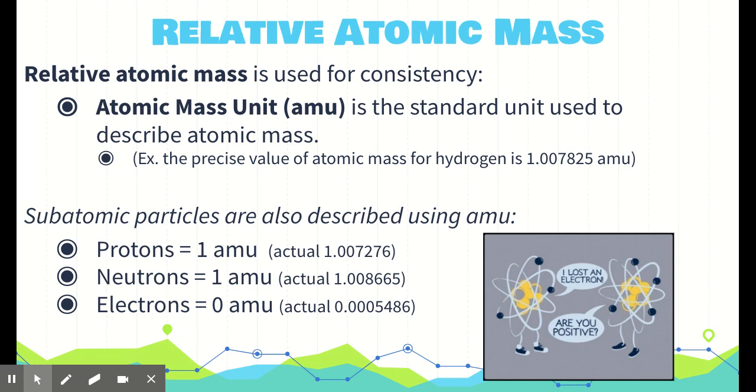That's where you'll see it most often. If you're talking about protons, neutrons, or electrons, generally speaking, protons and neutrons have mass and electrons don't. We know that electrons do have mass, but it's very, very, very tiny. So those are atomic mass units, and that's what you would measure that in. A proton isn't 1 gram, it's 1 atomic mass unit.